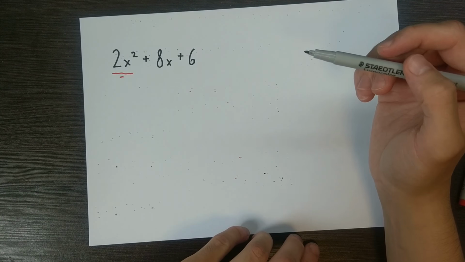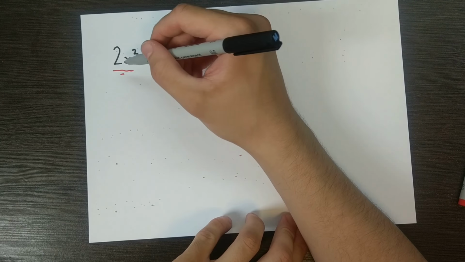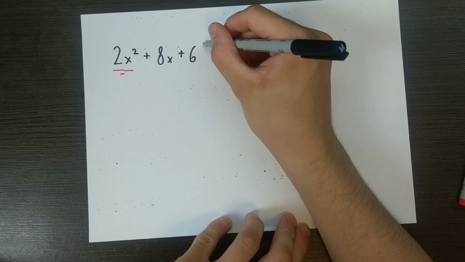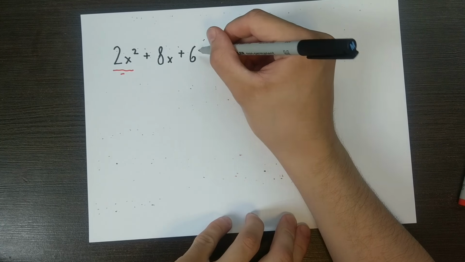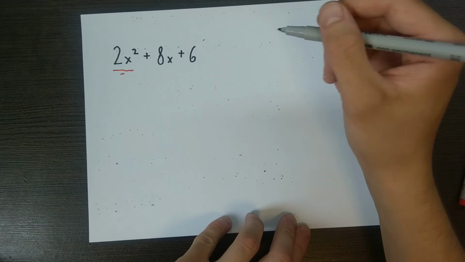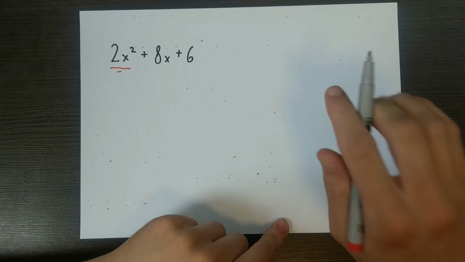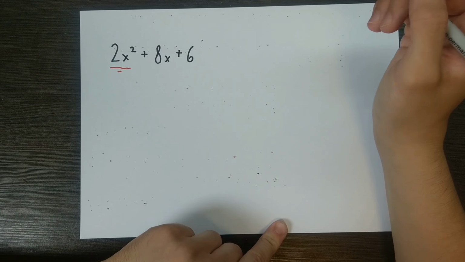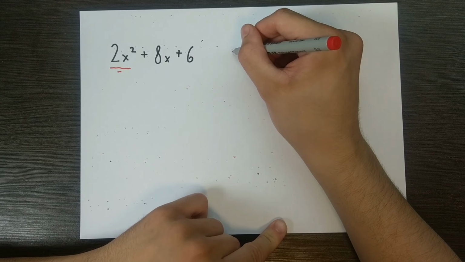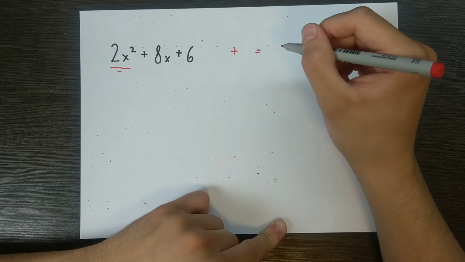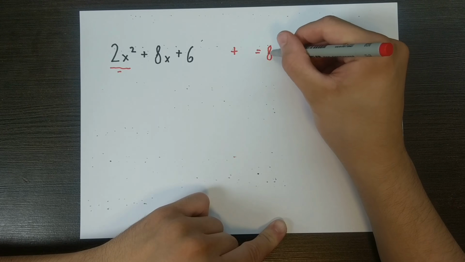So, since we have 2x squared here, this will double. So, we need to find a pair of numbers, same as before, a pair of numbers that adds to give us 8.